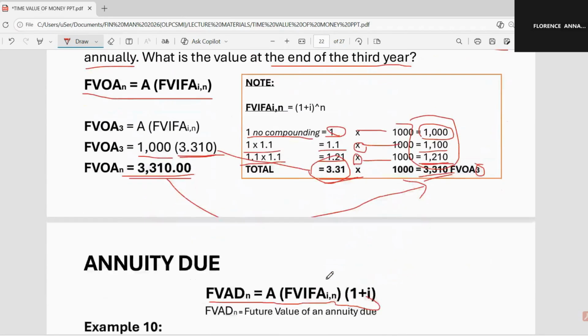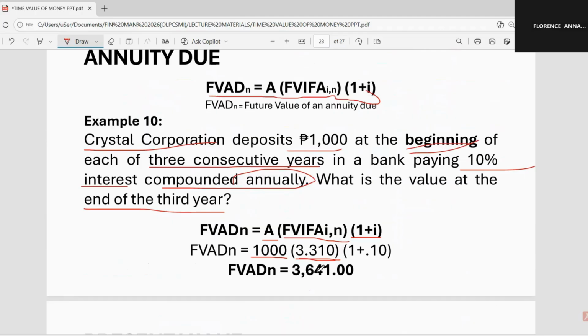Siya rin yan. So, that is 3.310 times 1 plus your interest na 10%. So, how much? 1.1 times 3.310, you'll get 3.641 times 1,000 annuity payments, you'll get 3,641 pesos at the end of the third year.